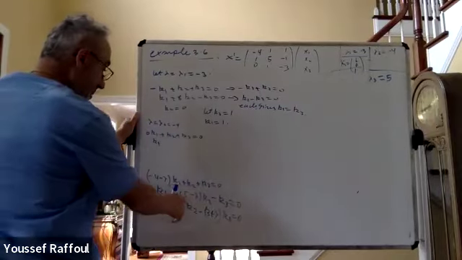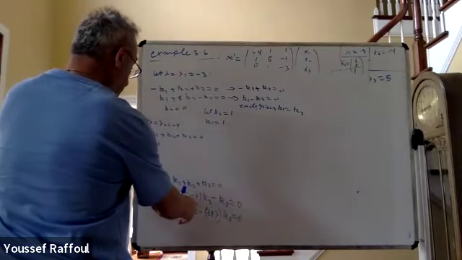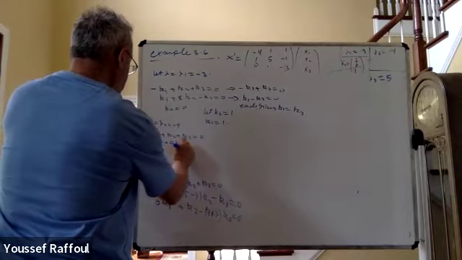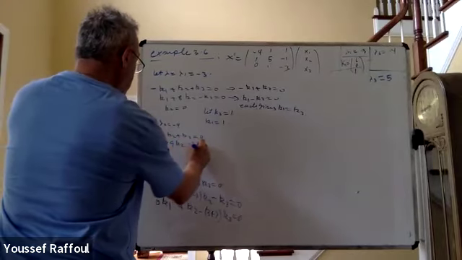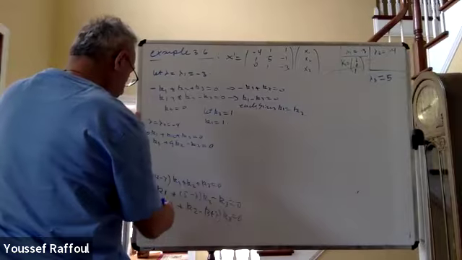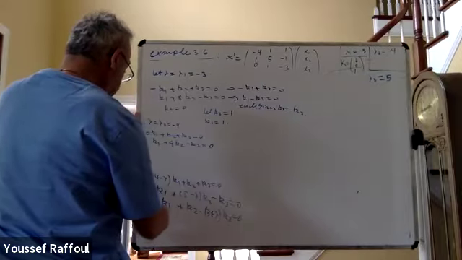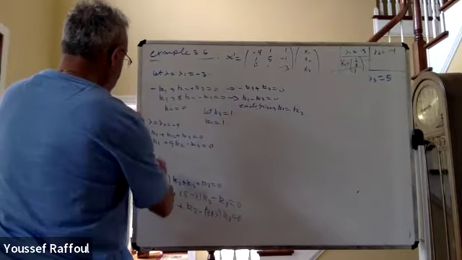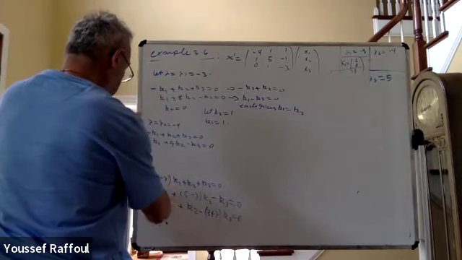I got K1, 5 minus lambda plus 9 K2 minus K3 equals 0. And I have, why do I have 0 K1? Yeah.